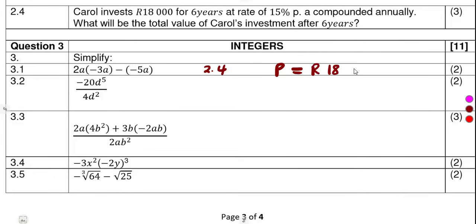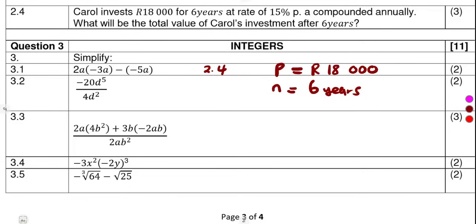I talked about simple interest, and like I said, everything is going to remain as it is. So you know that the number of years is N. We are given 6 years at a rate of 15%.